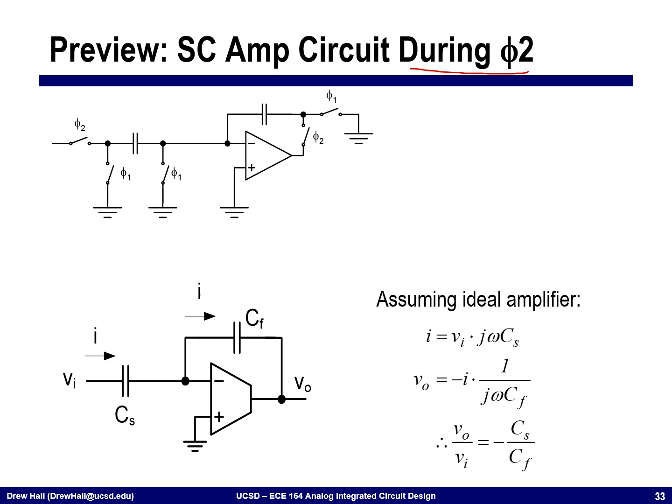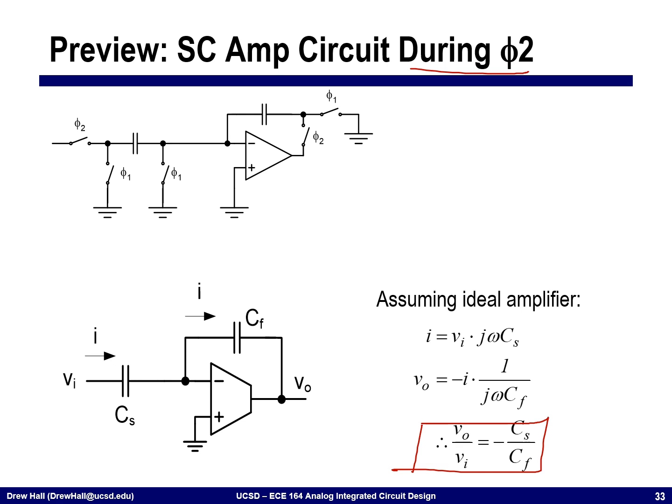During phi2, we have the structure that I just drew out, where I have current coming in, and then current that's going to be flowing through CF, where we can write that for an ideal amplifier, this current is going to be equal to the input voltage times j omega Cs, where the output is going to be equal to minus I times 1 over j omega Cf, which is that the output divided by the input is equal to minus Cs divided by Cf. Okay, so using a ratio of capacitors, I can set the gain of this switched capacitor amplifier.